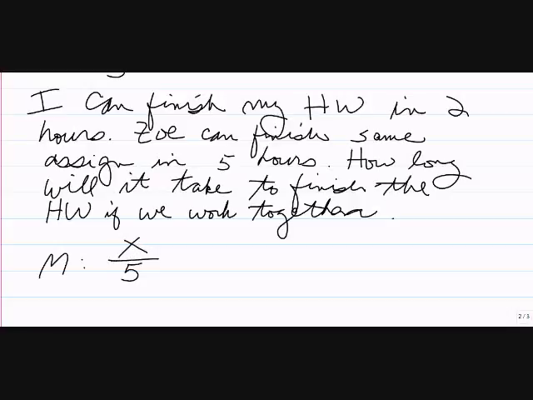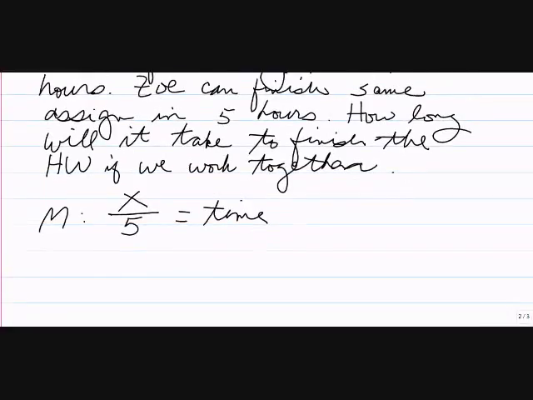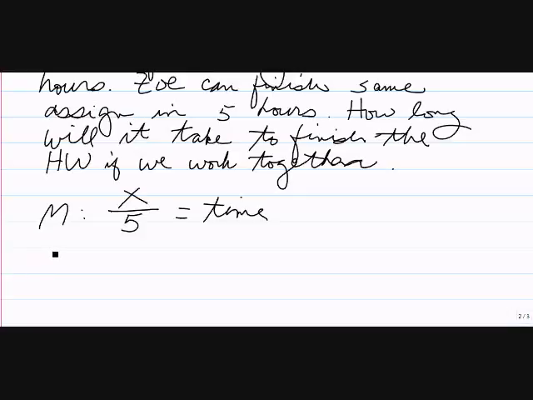Instead of using J, I'm going to use X. And there is my time, X over 2. And for Zoe, her rate, oh, my rate is 2. I'm the fast one, sorry. Zoe has the rate of 5, and there is her time.